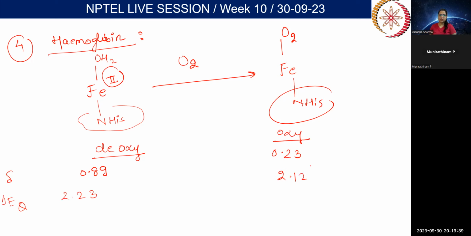So what do you think? The delta value is 0.89 for this system, and this is 0.23. So do you think this would be iron 2 or iron 3?